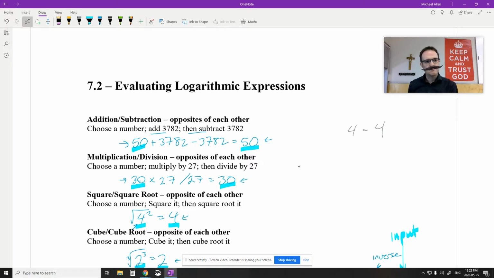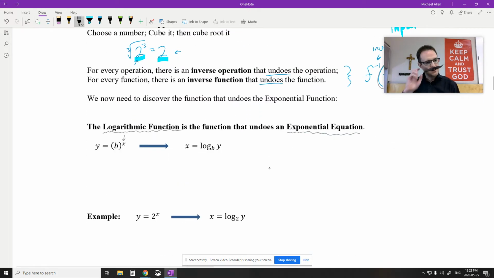If I take the square of both sides, I haven't changed anything. If I take the square root of both sides, I haven't changed anything. It just comes back to 4 over 4, so it ends up being the same thing. So what this is saying is if I take the log of both sides, log is an operation. It's a different type of operation than we usually have.